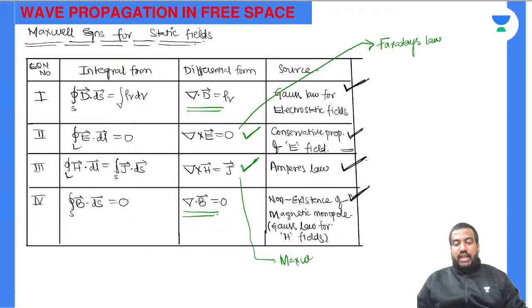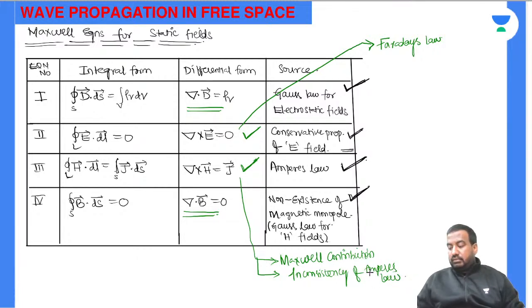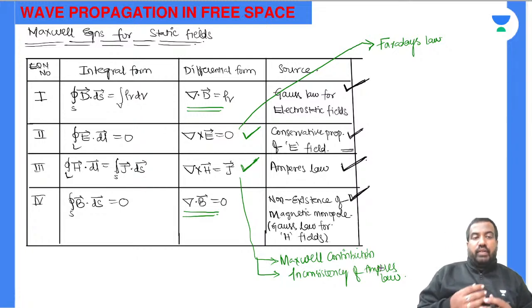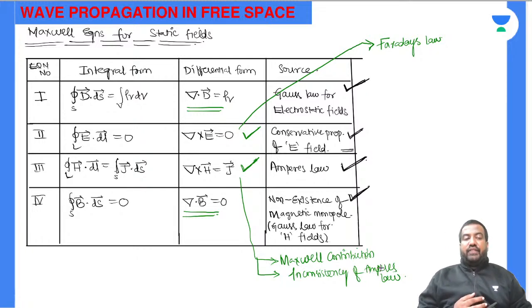And this equation change is given by Maxwell contribution, also called as inconsistency of Ampere's law. So when you are trying to move from static fields to time varying fields, only two equations will change, not all the four.